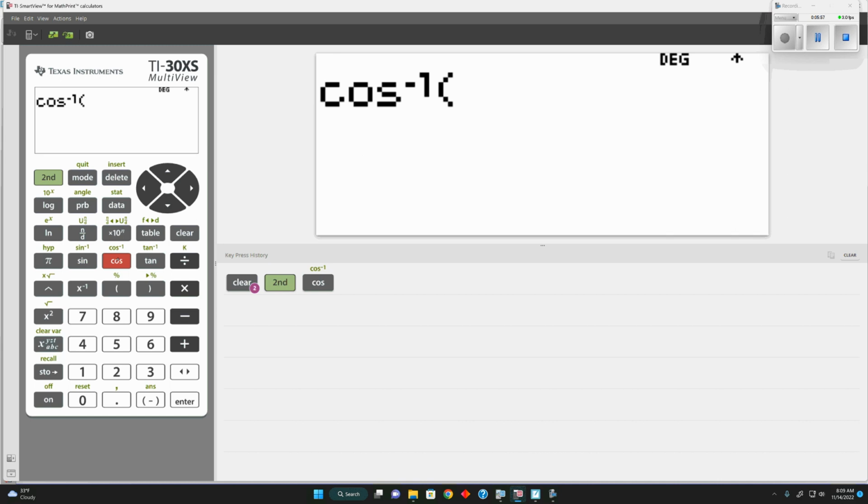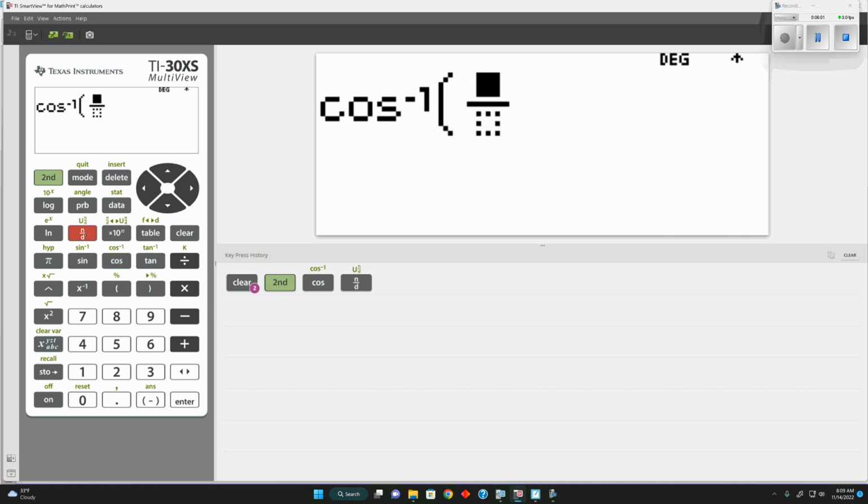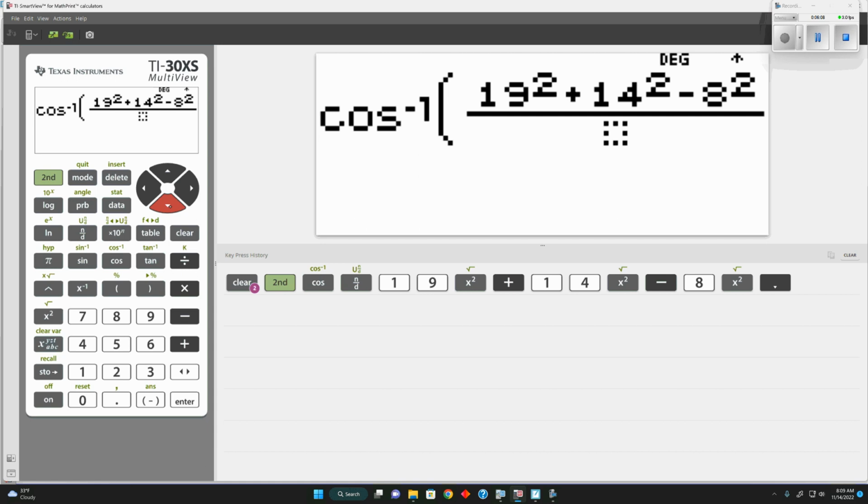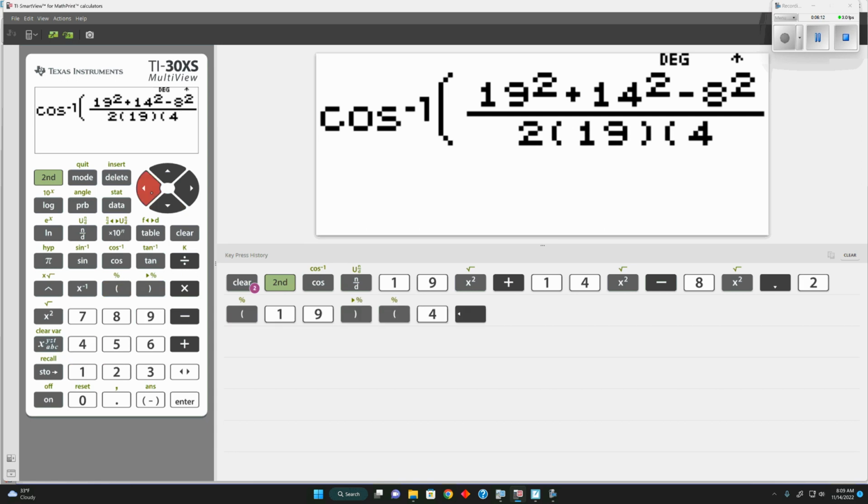Let me say cosine inverse of the fraction 19 squared plus 14 squared minus 8 squared over 2 times 19 times 14.